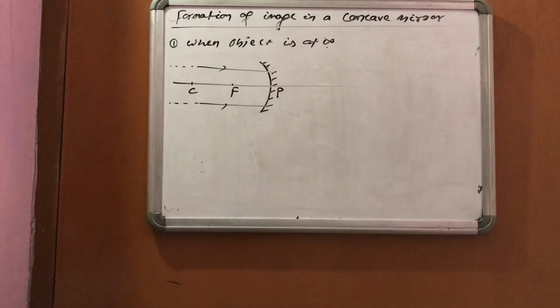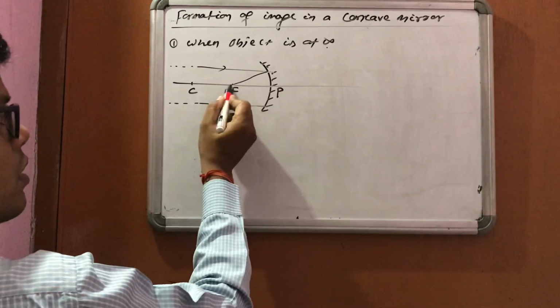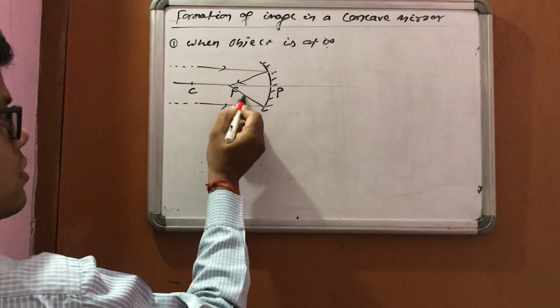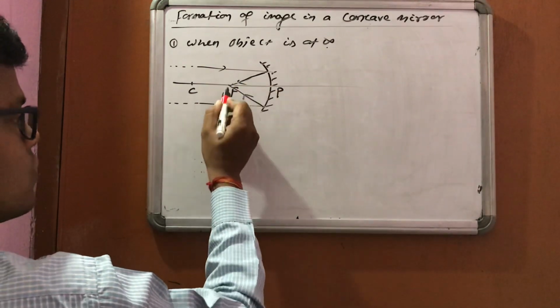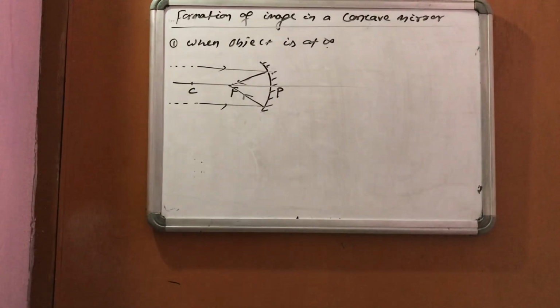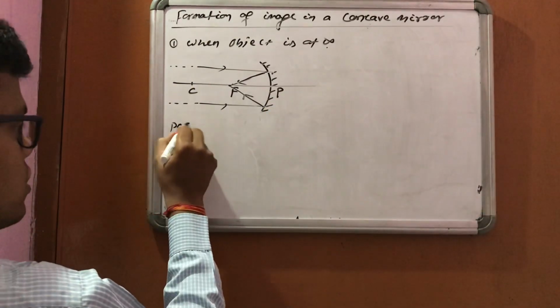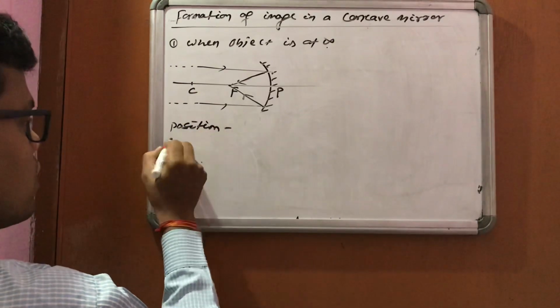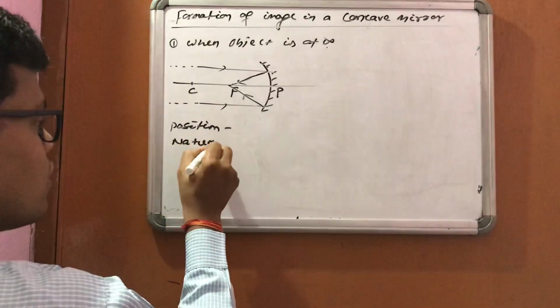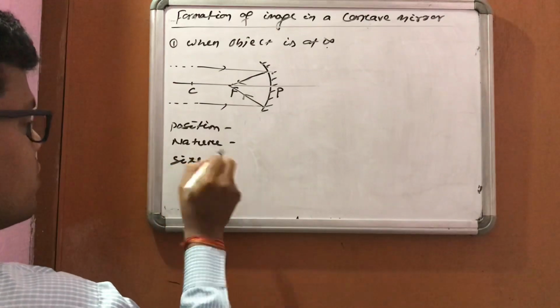So what will happen? They will meet at the focus. So here image is formed at the focus. Okay, so what are the position, nature and size of the image formed?